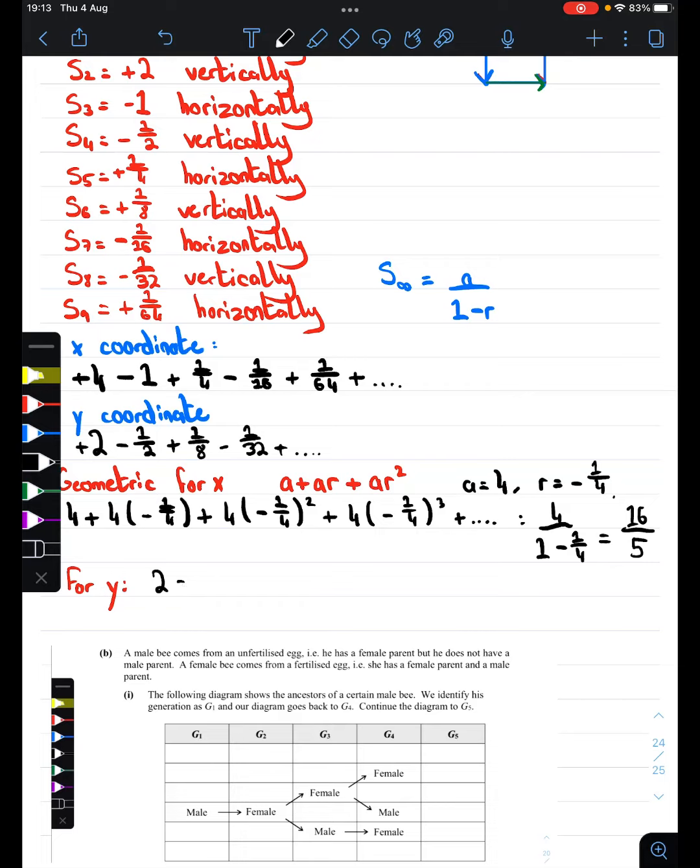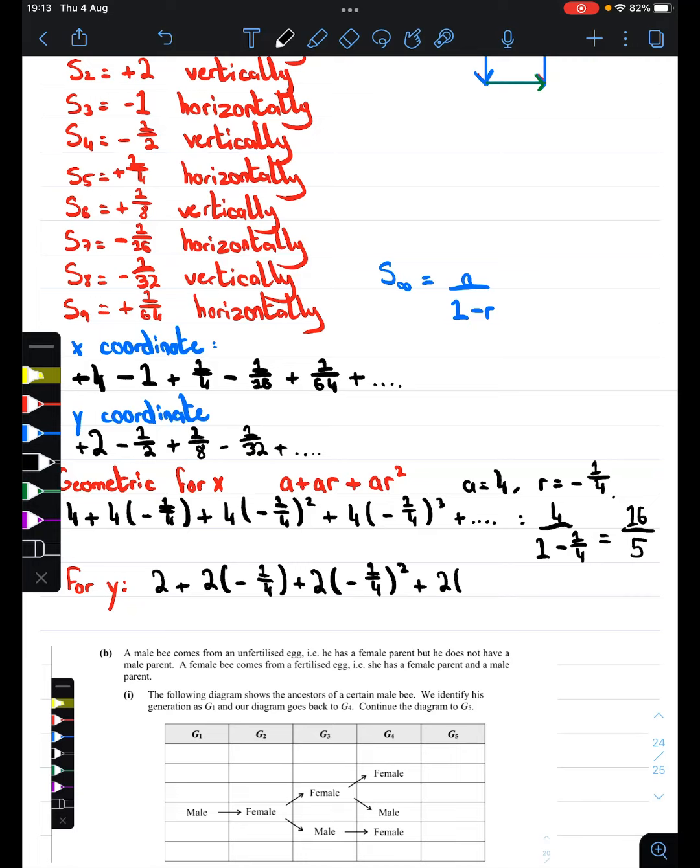So what do we have to multiply 2 by to get minus 1/2? Again, we have to multiply by minus 1/4. And then if it was geometric, it would continue with minus 1/4 squared, which gives exactly 1/8.